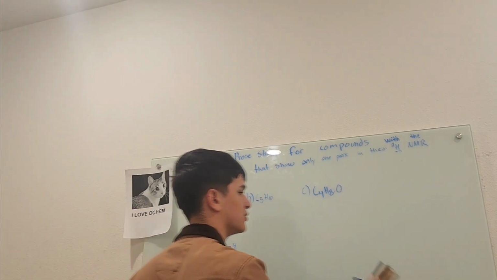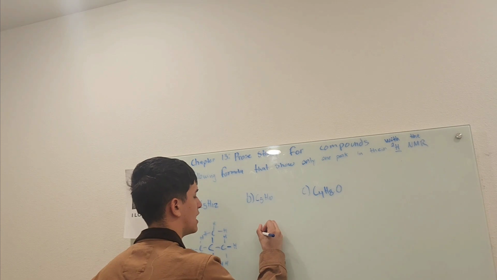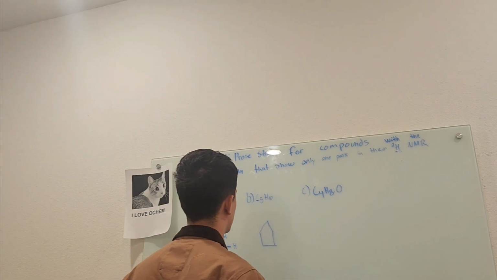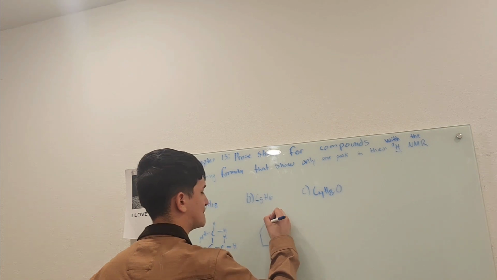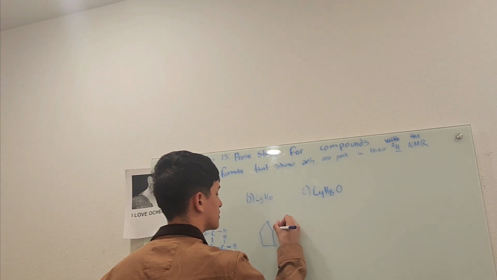So what I'm going to do is a cyclic structure. This is 5, so I'm going to go for cyclopentane. In this structure there are 2 hydrogens on each carbon, right?